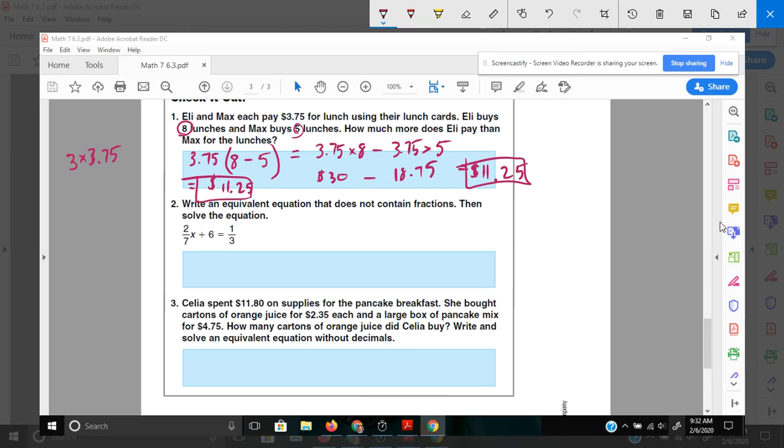For the next one, we're trying to write an equivalent equation that does not contain fractions. So I'm going to look at the least common multiple between 7 and 3, which would be 21, I believe.